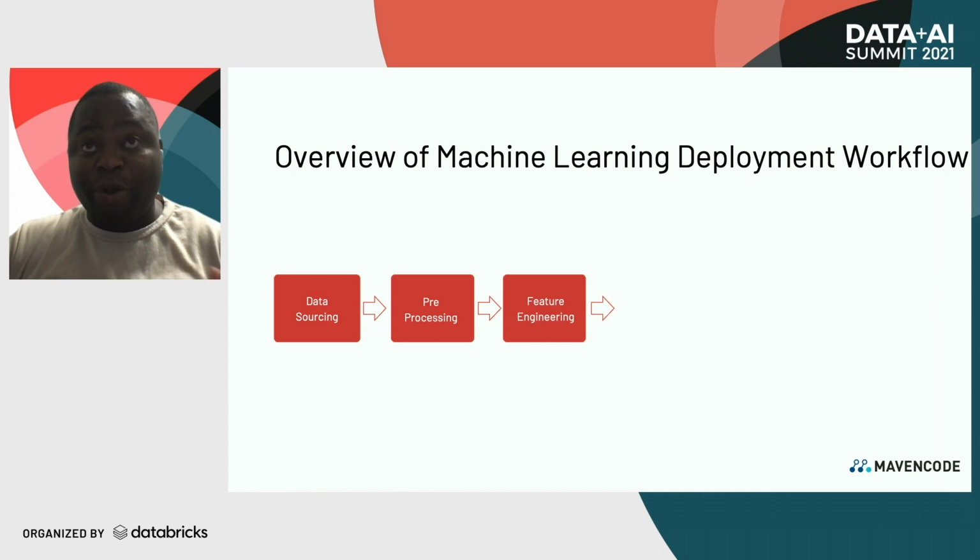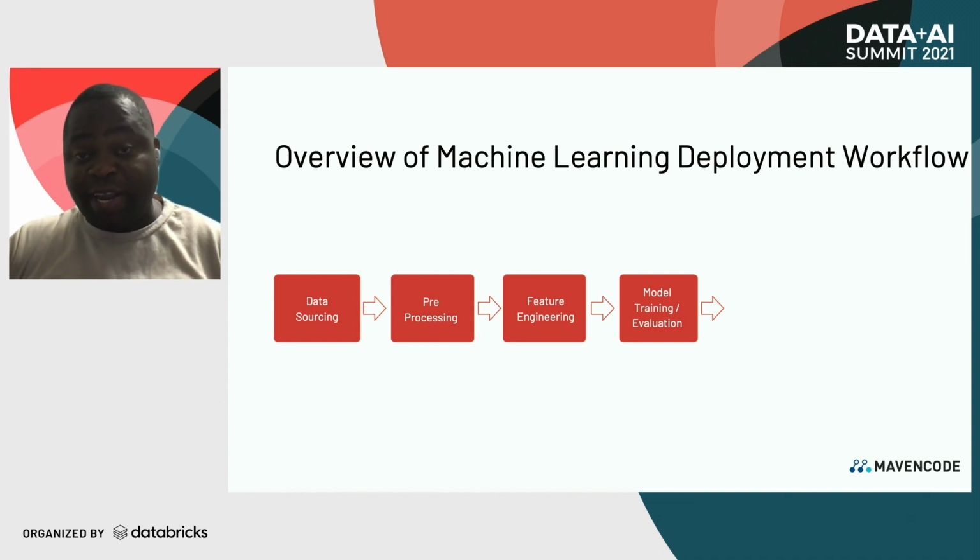So during pre-processing, if you run into issues in terms of your data, you want to fix those and you want to create features from your data. Once you have your features ready, then you can go to the next stage, where you actually do the model training and your model evaluation. In model training, this is where you apply different algorithms, and this is where you look at different metrics.